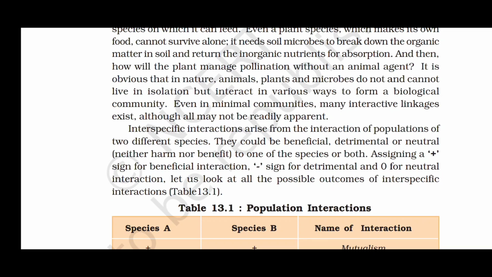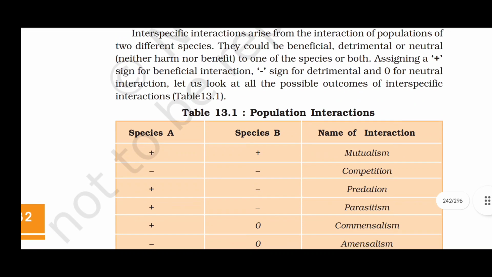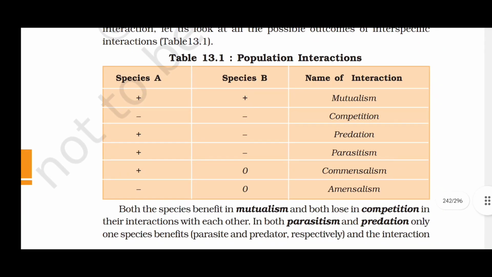Let us look at all the possible outcomes of interspecific interaction. Table 13.1, population interaction. Species A plus, species B plus: the interaction is mutualism. Species A minus, species B minus: competition.